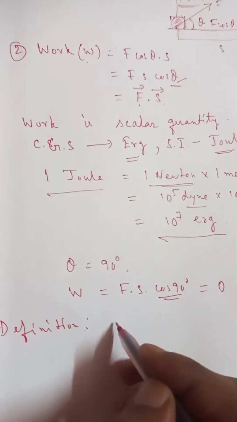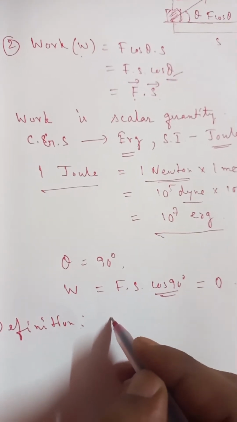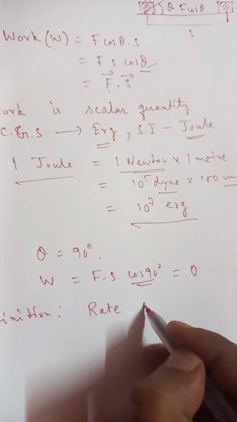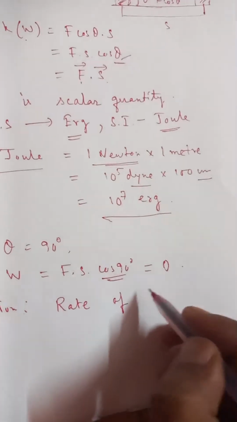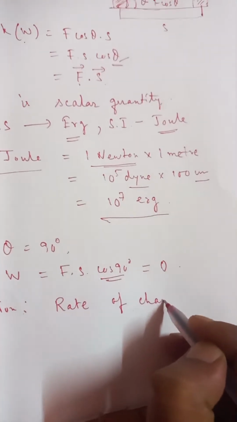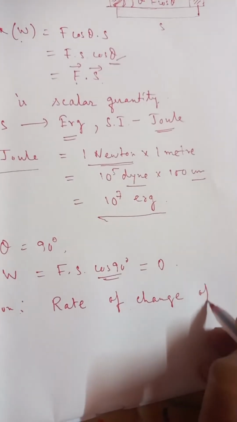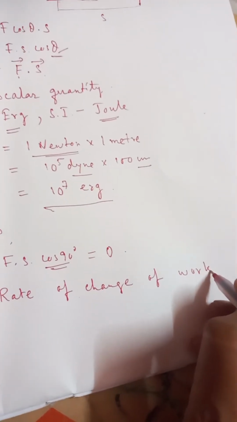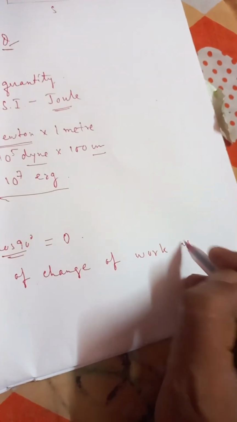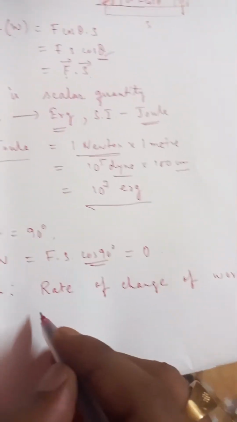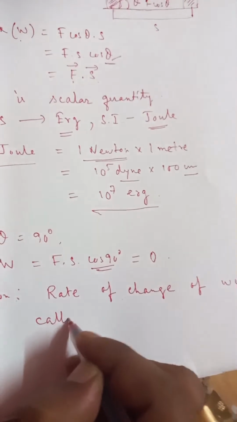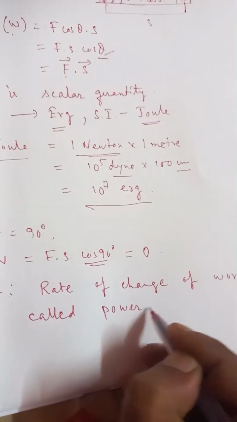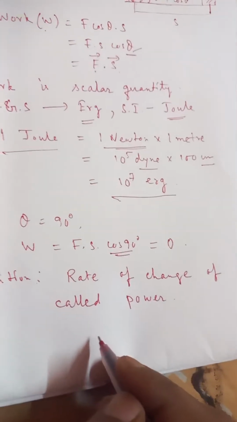The rate of change of work is called power. Work is also a scalar quantity.